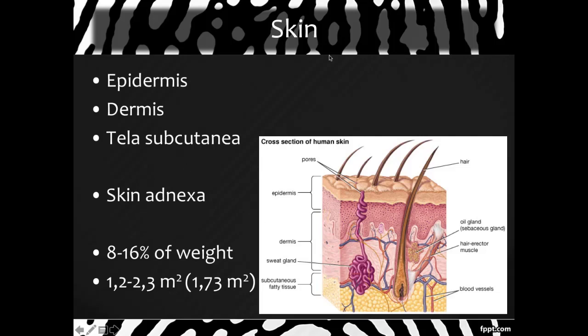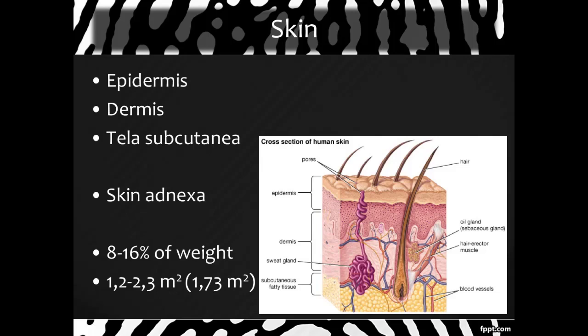The skin constitutes from 2 layers. The first, superficial, is the epidermis, and the underlying, deeper lying, is the dermis. The third layer, which lies much deeper under the skin, is called tela subcutanea, or sometimes the hypodermis.